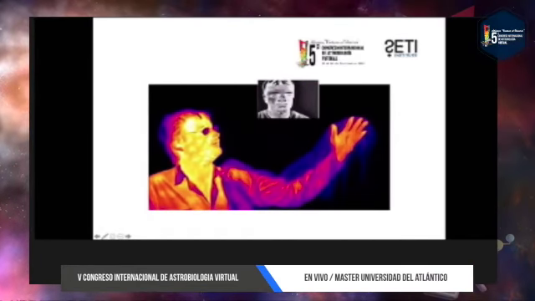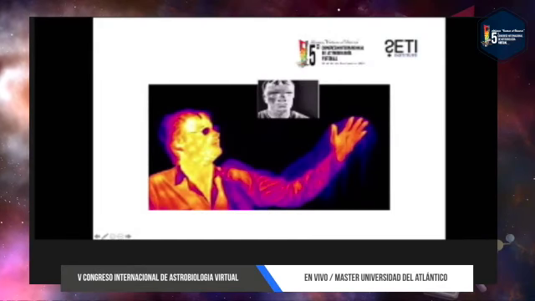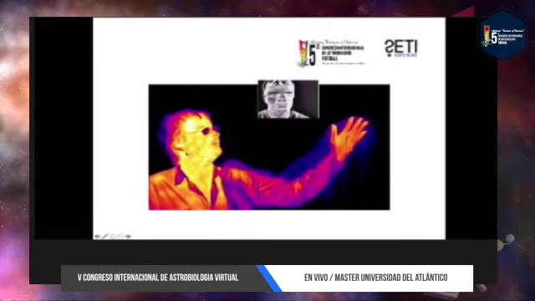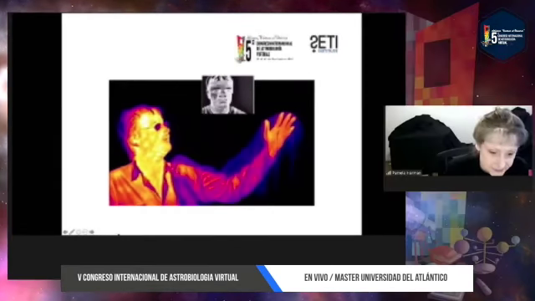And here's an image of a person in black and white. Again, I think this is the better medium. Just like I showed you with the black plastic over the camera lens, this person has their hand in a piece of black plastic, and we can see right through it. Here we see that there's intensity around the eyes, the nose is cold, there's intensity around the neck, similarly here.